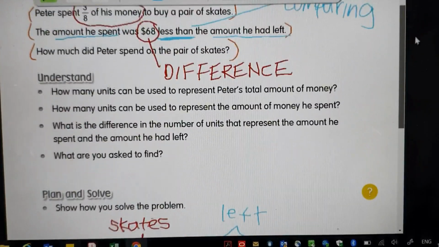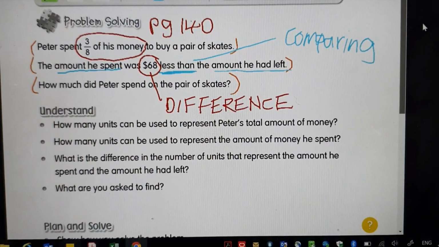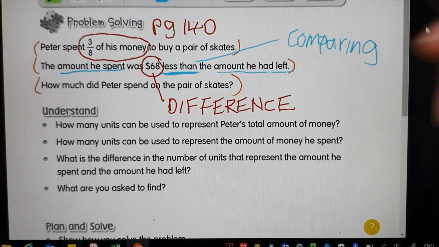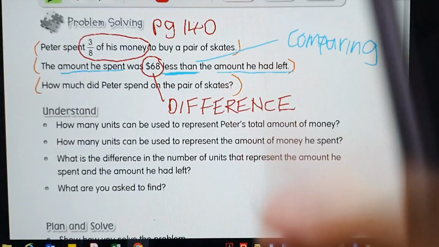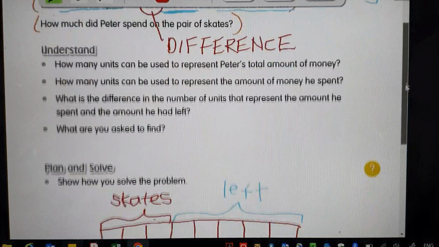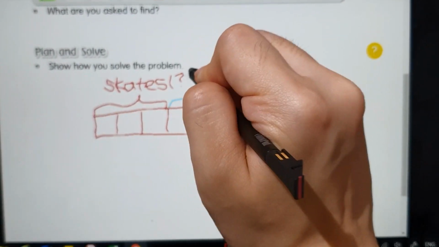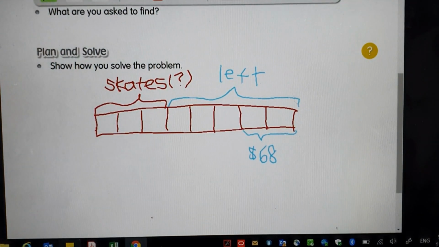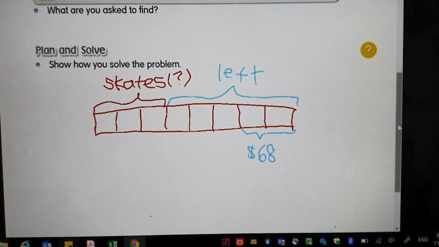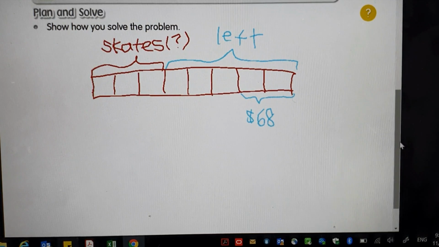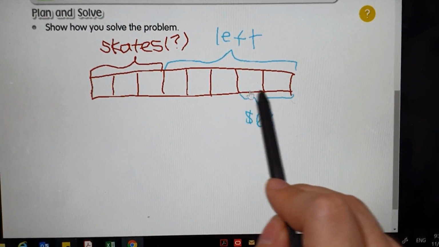And the question is asking you, how much money did Peter spend on the pair of skates? So, what the question is finding is actually this. From this model, you can already clearly see that $68 represents 2 units.